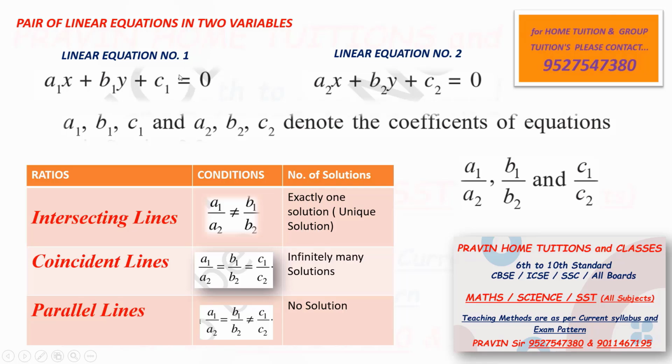This is linear equation 1 because your degree of variable is 1 and here two variables are there. Linear equation number 2, that is a2x plus b2y plus c2 equal to 0. This is linear equation number 2 because your degree of variable is 1. This is equation number 1, equation number 2.